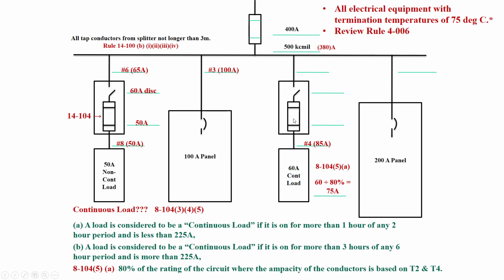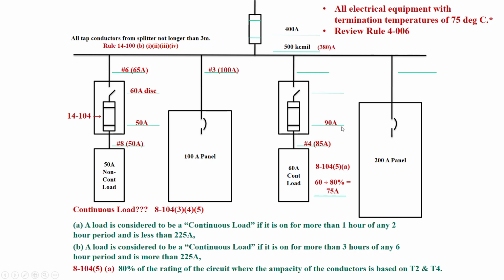What's the maximum size fuse for this 85 amp wire? So 14-104 again, same thing. If 85 amp does not correspond to a standard rating of fuse, we can go to Table 13. Table 13 would tell us we can go as high as a 90 amp fuse.